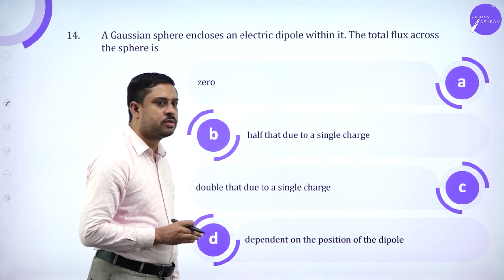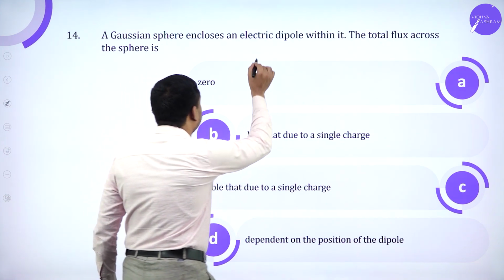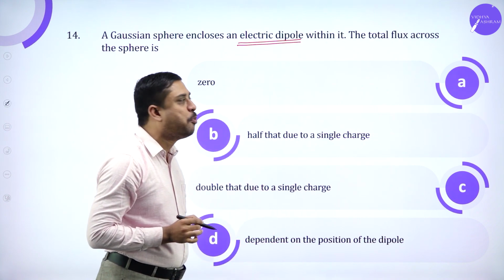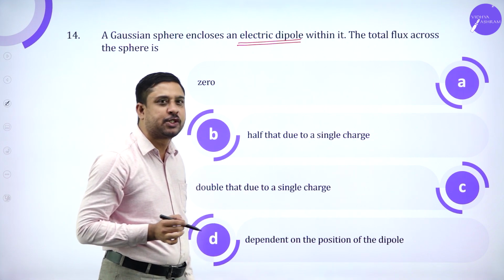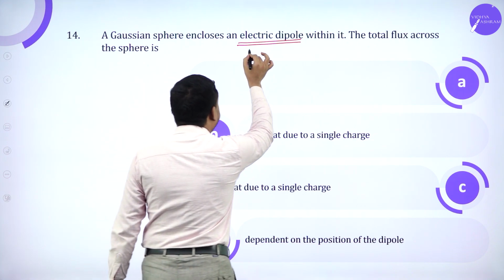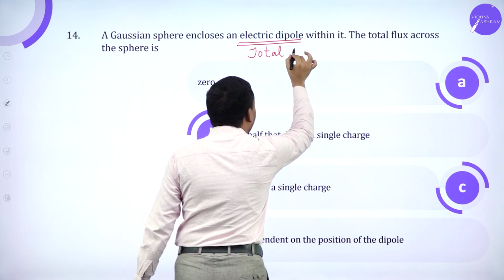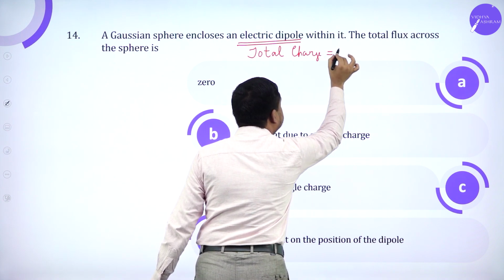Next, a Gaussian sphere encloses an electric dipole. The total flux across the sphere. Electric dipole means total charge is equal to 0.